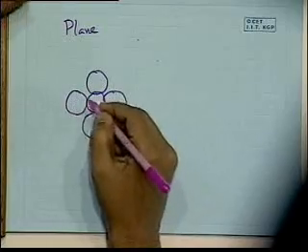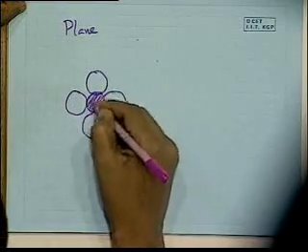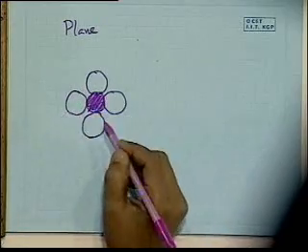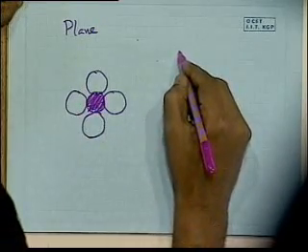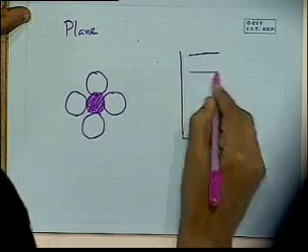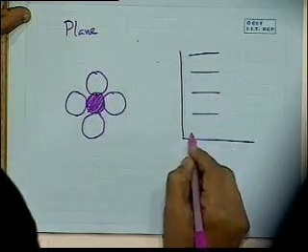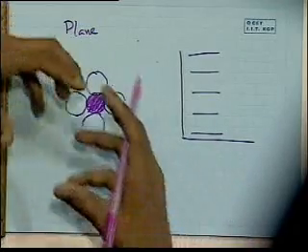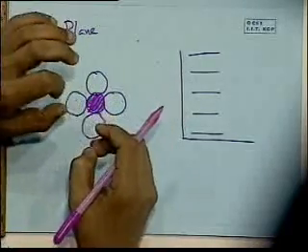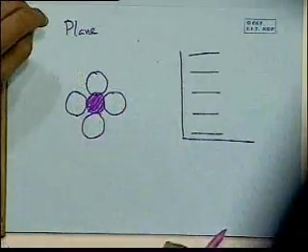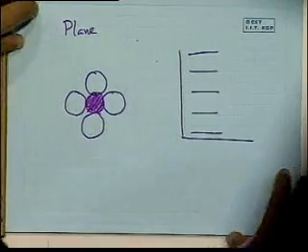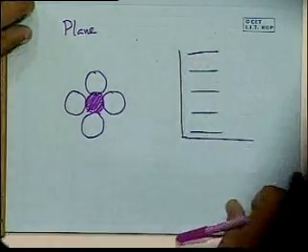If these are the nearest neighbors to this atom, we have 4 nearest neighbors and a collection of 5 atoms. We may draw the split in energy levels for these 5 as something like this. 5 levels are formed by this collection of 5 atoms as they are brought closer. And because they are nearest neighbors, the split is fairly large. Are you with me up to there? We've got a larger split because they are the nearest neighbors.